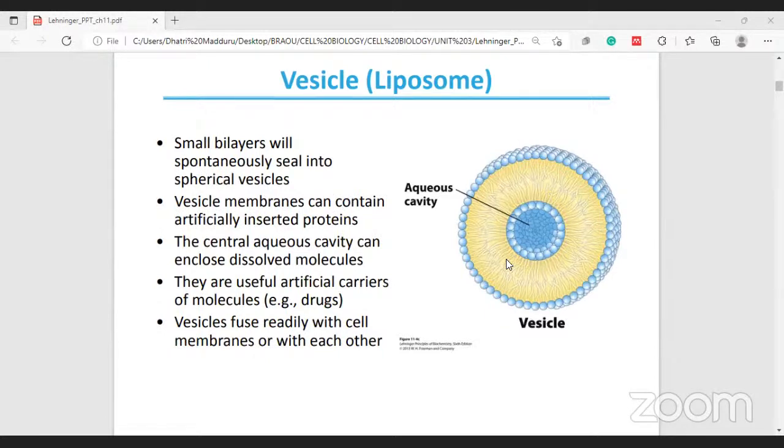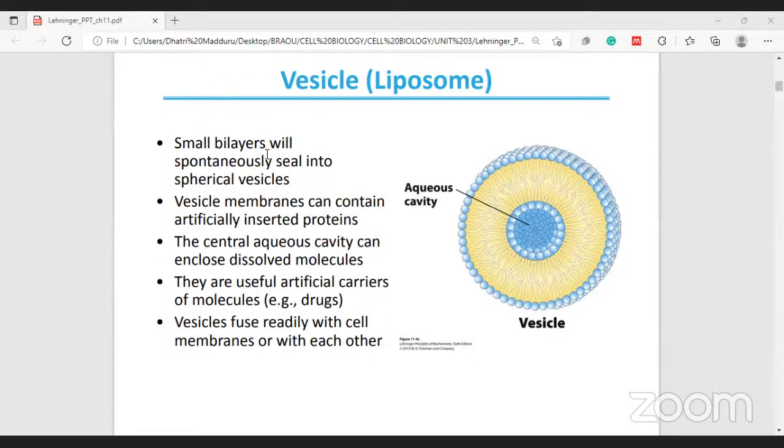But the innermost portion is again a polar head group. So outside it is exposed to water and inside also it is exposed to water, and in the center portion it is hydrophobic. It is not interacting with the water.